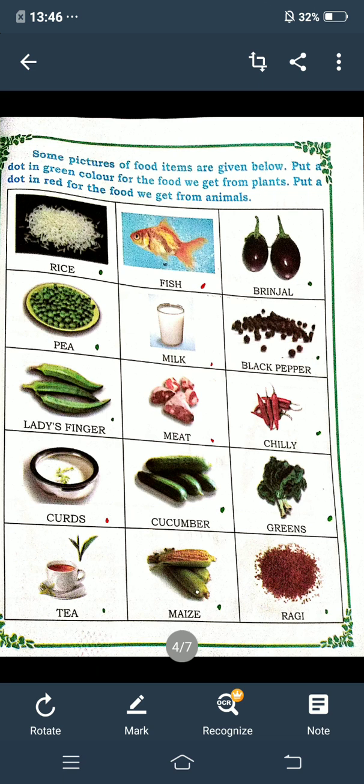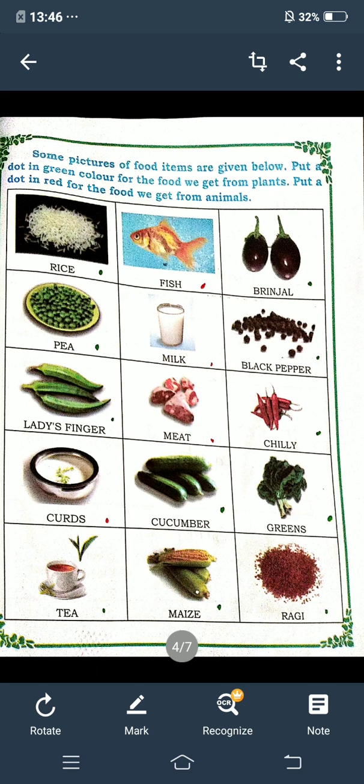So put a dot with red color pencil. Next is chili. We get this from plants. So put a dot with green color pencil. Next is curds. This curds we get from animals. So put a dot with red color pencil.